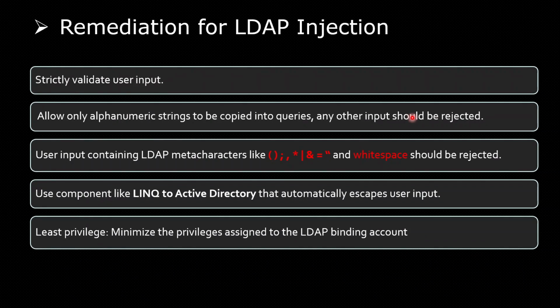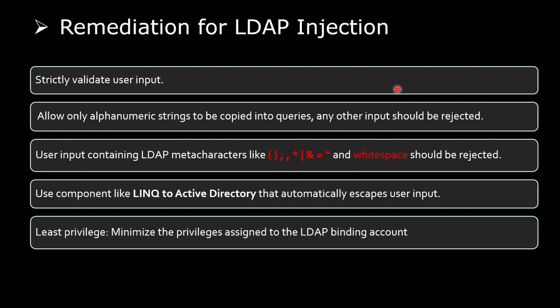Now we are aware of the vulnerability, so let us check the remediation part of it. The very first remediation is to strictly validate user input. Whenever a user enters malicious characters such as opening bracket, closing bracket, star, pipe sign, and % logical or logical not, user input containing LDAP special characters should be rejected.